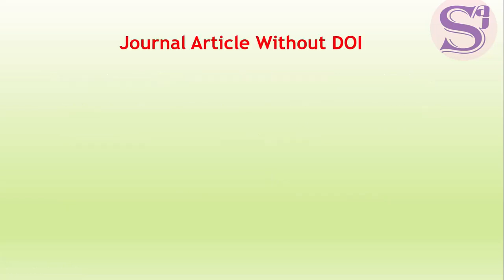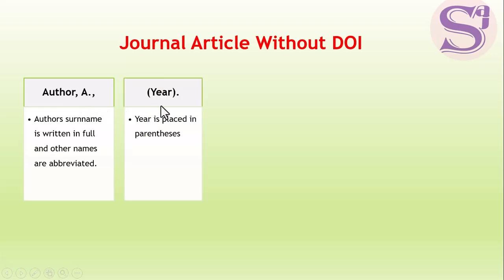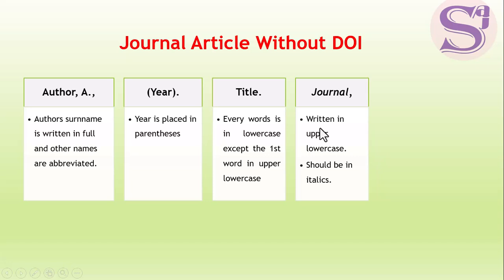Now, journal article without a DOI. The author comes first, the surname followed by the initials, then the year placed in parentheses, then the title. Every word is in lowercase except the first word. We'll see an example of that.